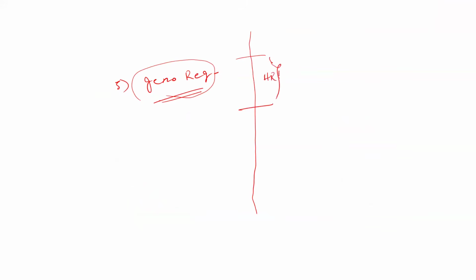So here LD decay will be more and LD block will be low. Then more markers may be needed for this region. But in other genomic regions where recombination is low, the LD is more.